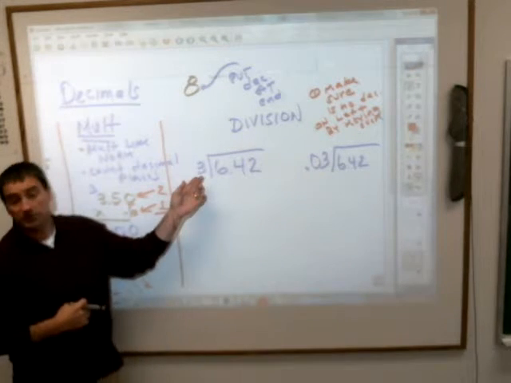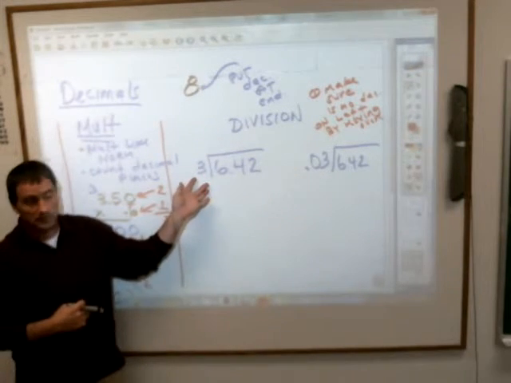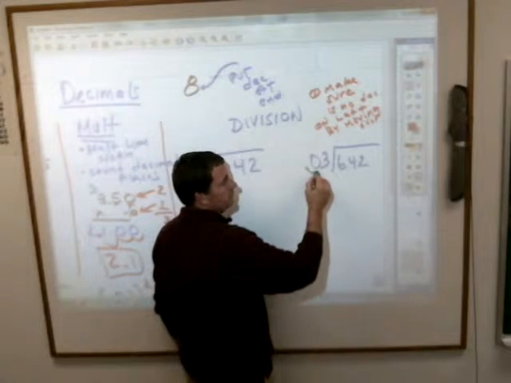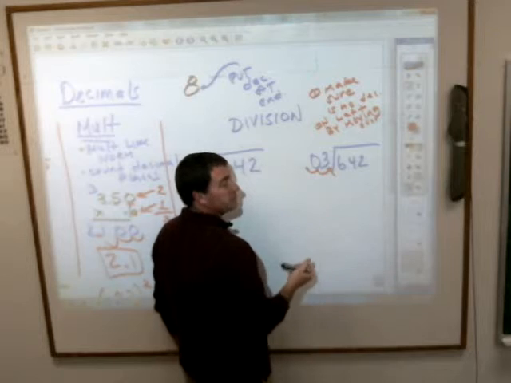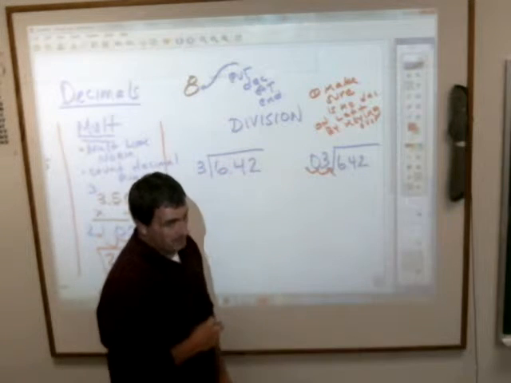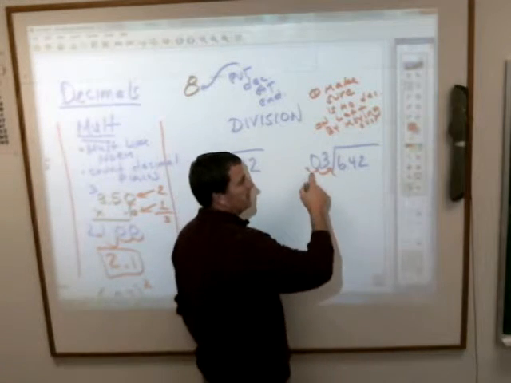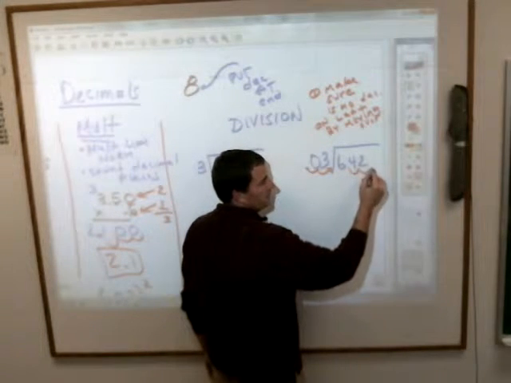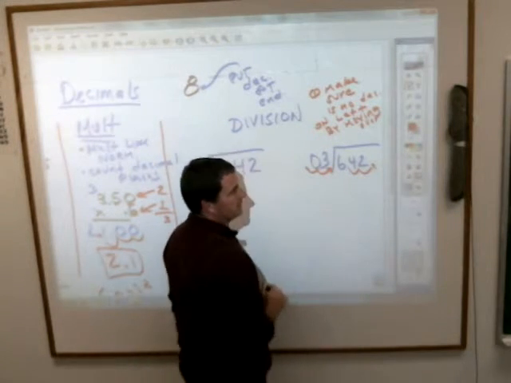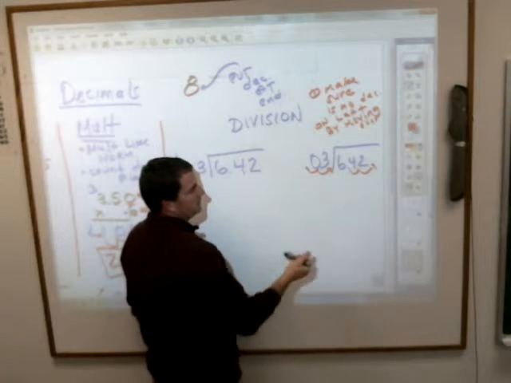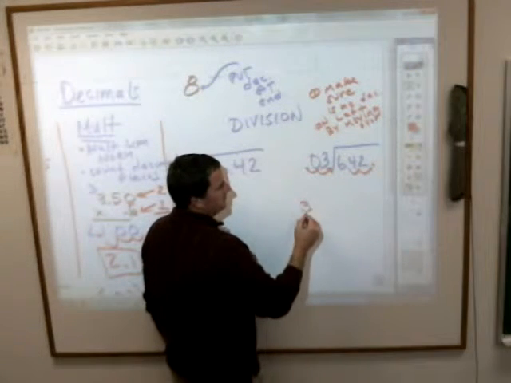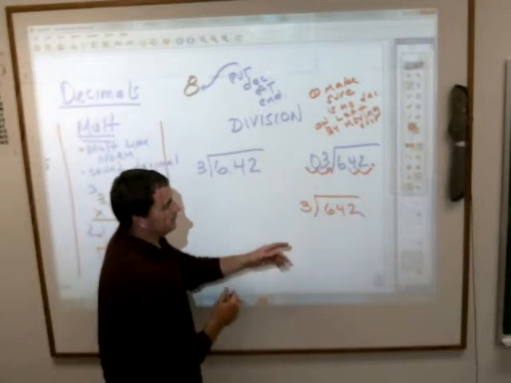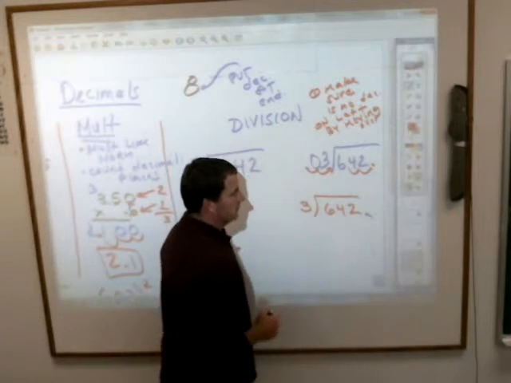I don't have to worry about it here because there is no decimal there. This one's fine the way it is. This one here, you need to take this decimal and move it 2 places to the right so it changes into 3. But whatever you do on the left, you have to also do under the division box. So this whole problem changes into 3 into 642, because I moved the decimal way over here.